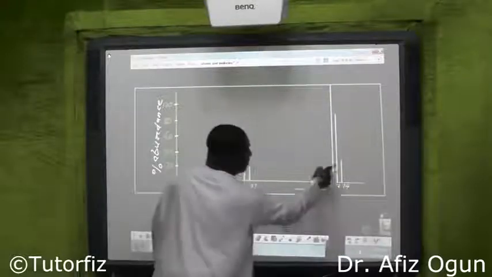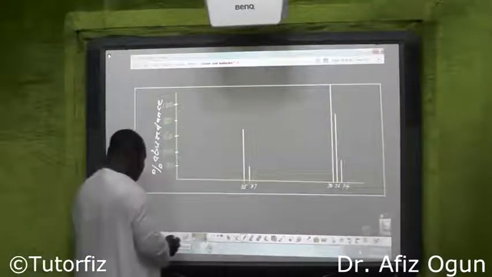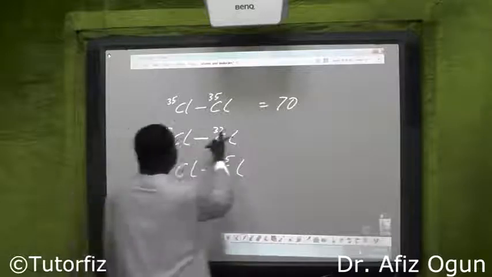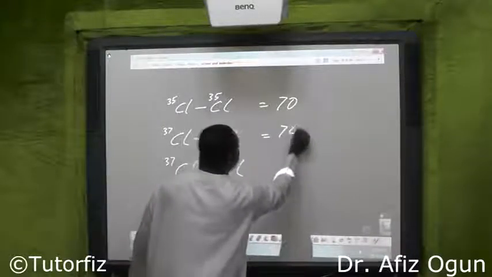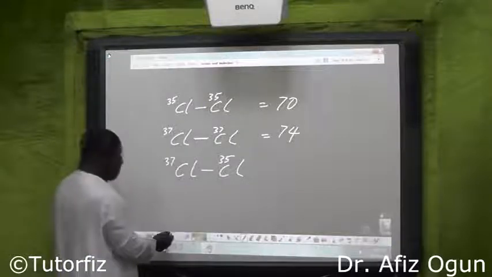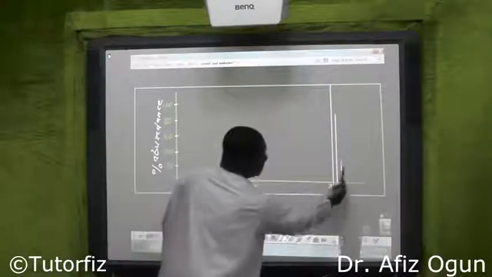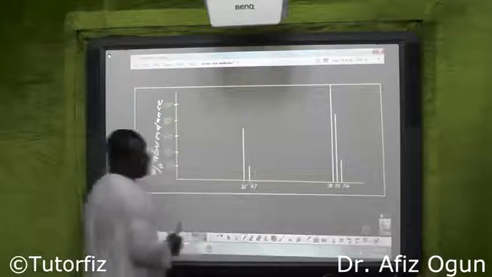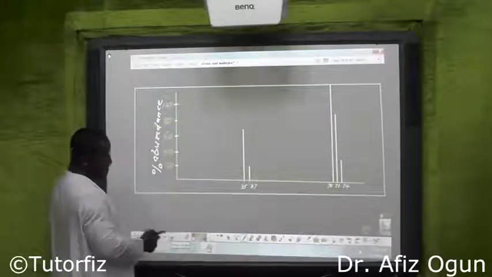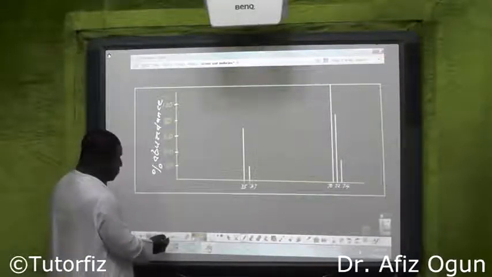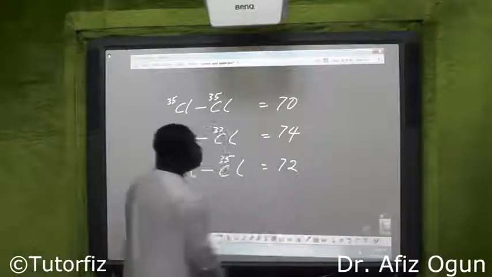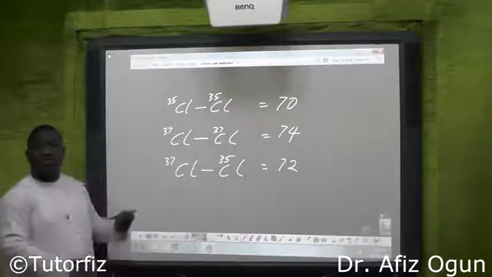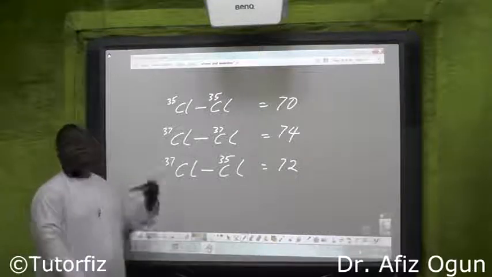Then 37 plus 37 gives 74, so we have a peak at mass 74. And we can also have 35 plus 37, making 72. So we have all these masses too. So we have 5 peaks instead of 3 peaks.